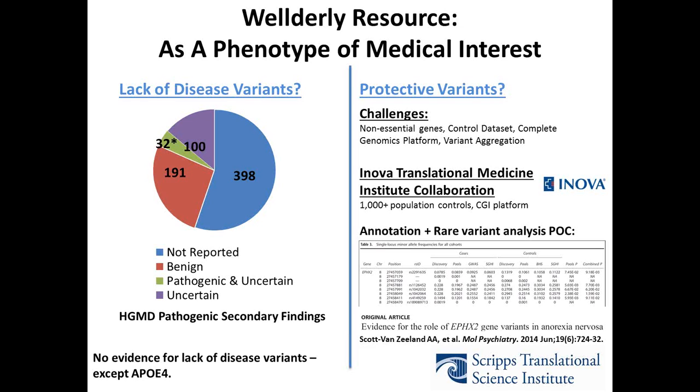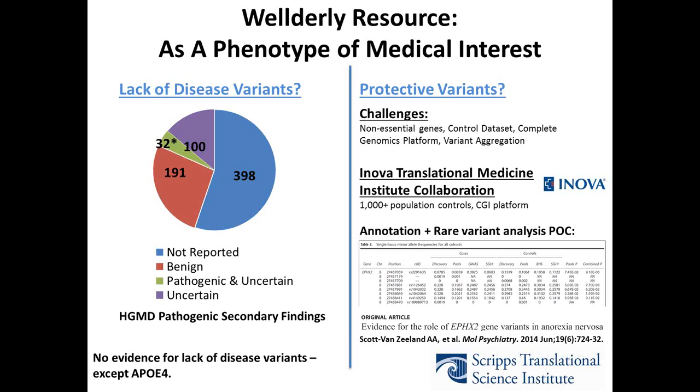So what's shown in this pie chart is the entire pie chart is all variants in the Human Gene Mutation Database that are annotated as disease-causative. If you're at all familiar with the HGMD database, you'll know it's full of false positives. It's estimated that about 30% of the entries in there are false positives.